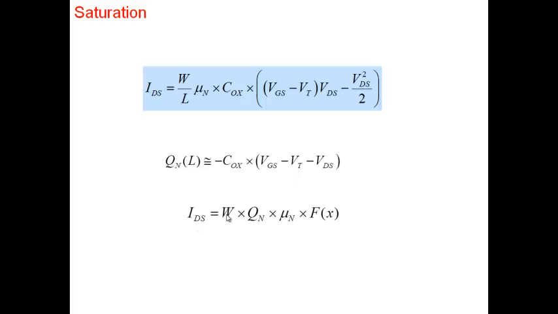Now we know that IDS is W Q_N mu times field. So if your inversion charge at the drain is decreasing, then the field at the drain end starts building up, right? Because according to this expression, as you increase VDS, your current is increasing.